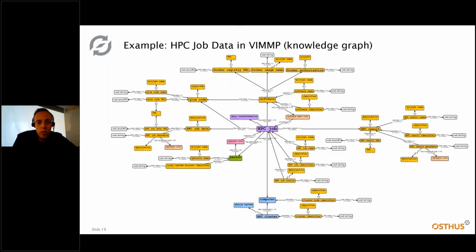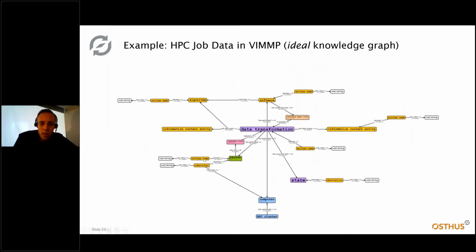And if we just focus on the information nodes themselves and just keep some written names here, remove all these identifier nodes that you have seen before, then we arrive at what I would say is the ideal knowledge graph. It follows the ALCOA principles because the information is legible.